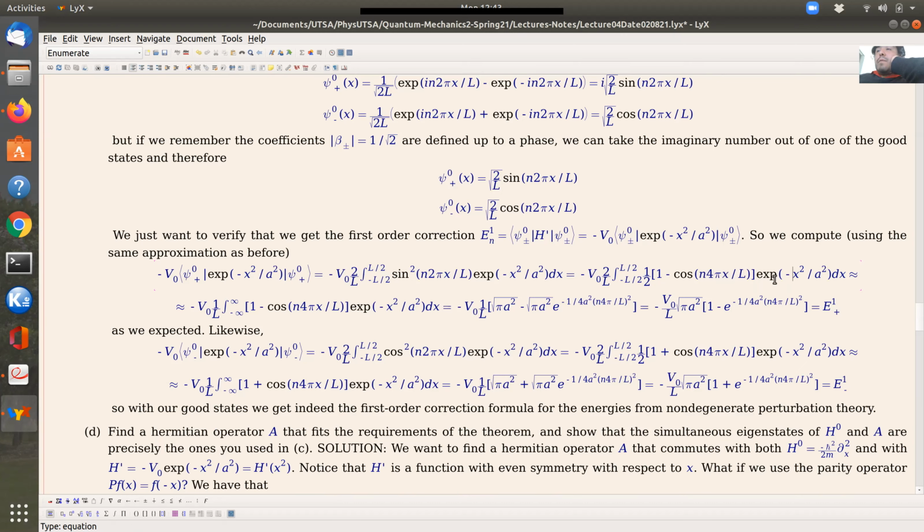Now the first one is multiplied by a Gaussian, right? I'm also using the same argument that this is not exactly a characteristic function, but it's going to kill outside its domain. So it doesn't make a difference, especially because a is very small compared to L, that instead of thinking about the limits of integration as plus minus L over 2, we just take plus minus infinity.